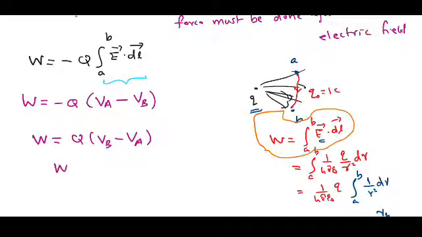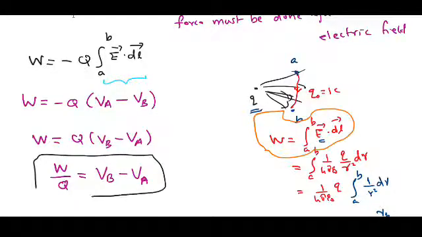Or I can write the work done on the charge Q as the potential difference between the 2 points A and B, which is equal to the work done to carry a charge from the point A to B in an electric field.